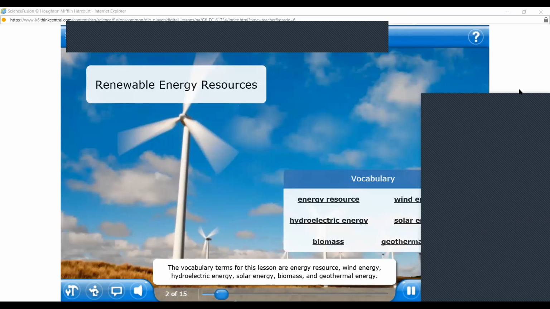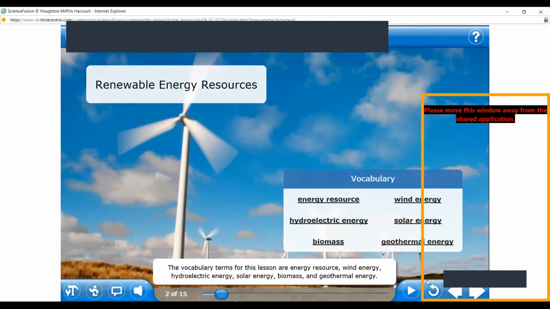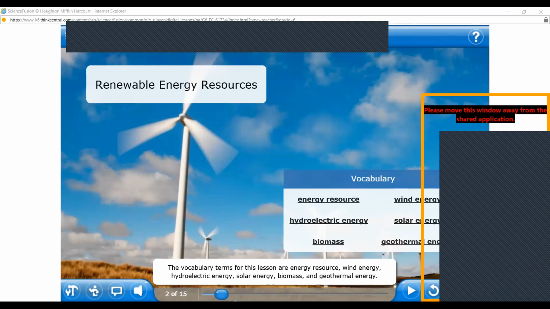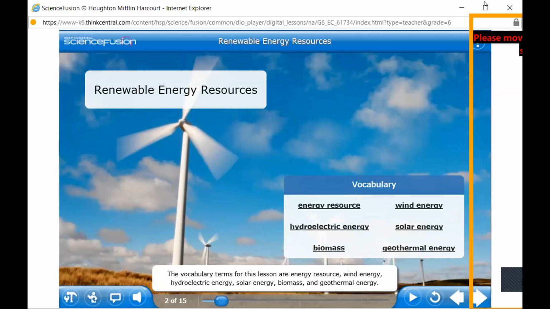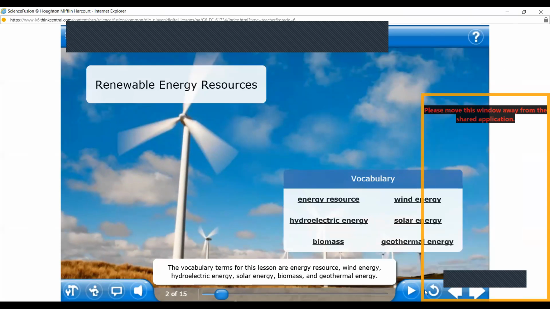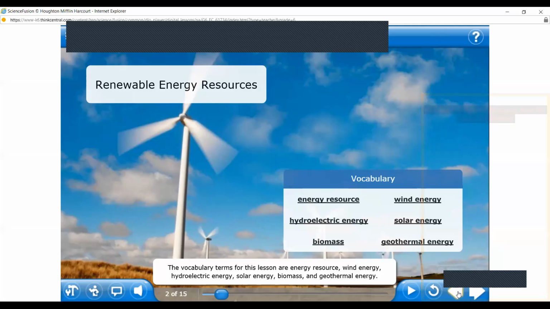The vocabulary terms for this lesson are energy. Zishan, please once again read the vocabulary terms. Can you see here the vocabulary terms?